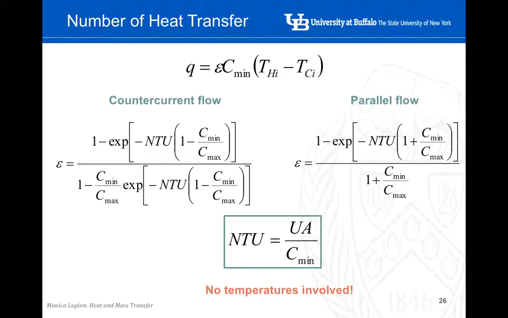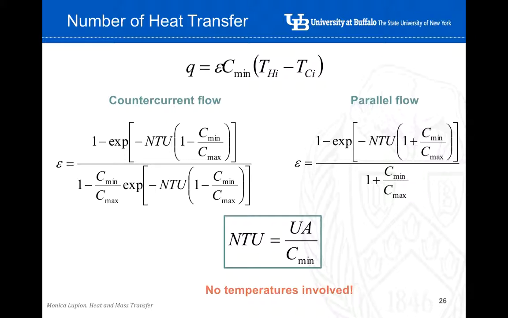Then you play around with the expression of the heat rate, taking into consideration a new definition. The new definition is the number of transfer units, NTU, and is defined as the overall coefficient U times the area, over the minimum capacity of the system.